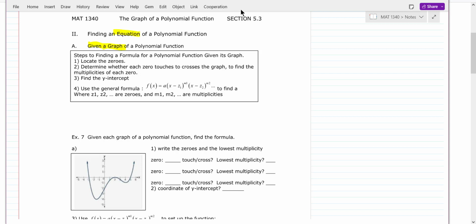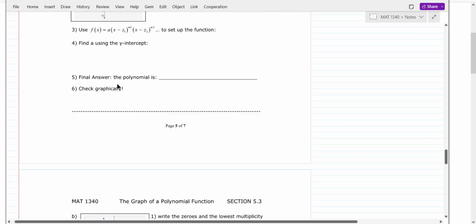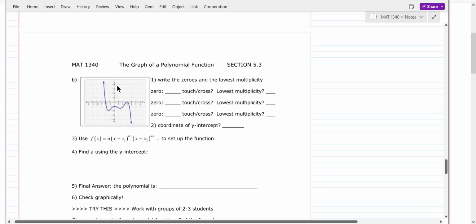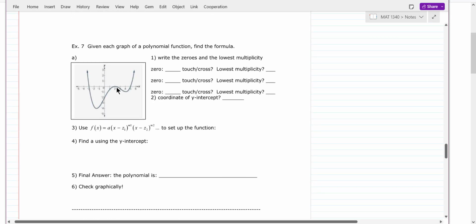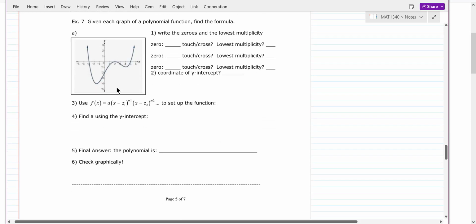I think you'll see one of these on your web work homework. You'll locate the zeros, you'll determine if you touch or cross, you'll find the y-intercept, then you put it all together. So let's go through a couple of these, and then I'll let you try a couple of these.